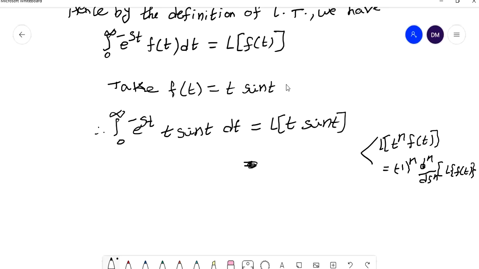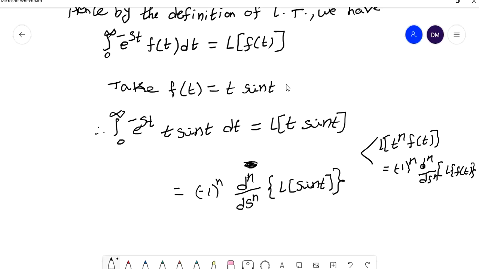See here, by using that formula, it can be written as minus 1 whole power n into d power n by ds power n of L of f of t. Here f of t is nothing but sin t.